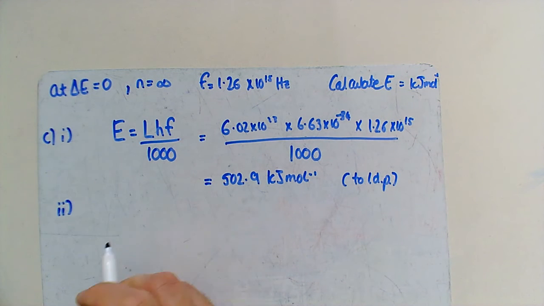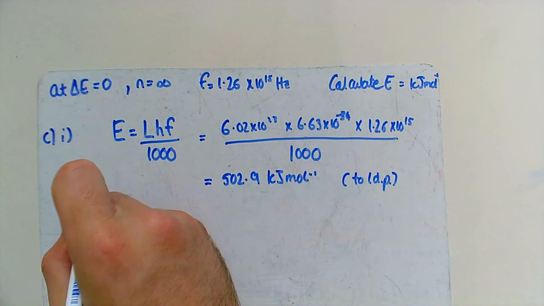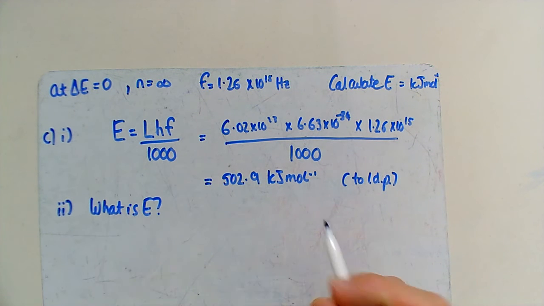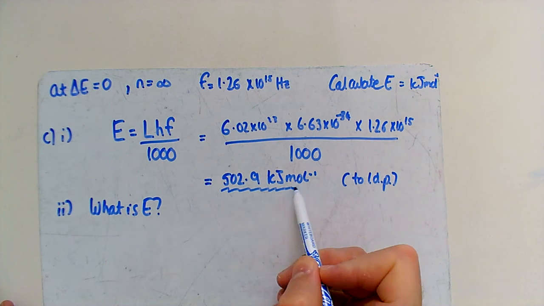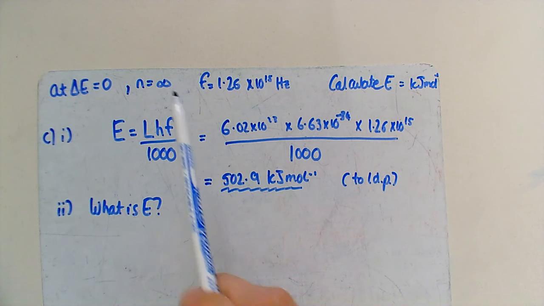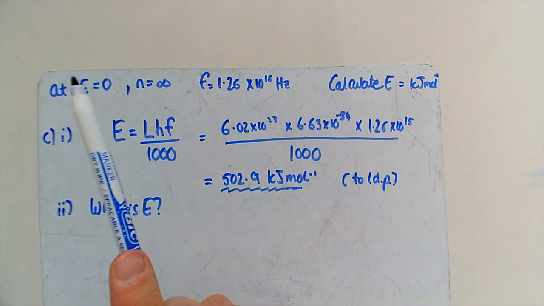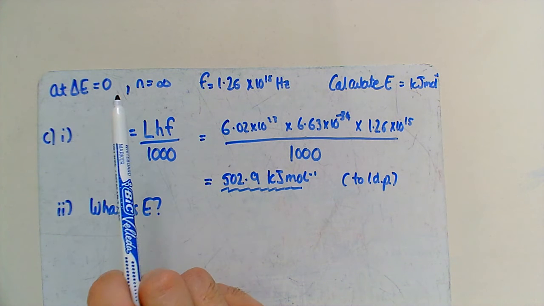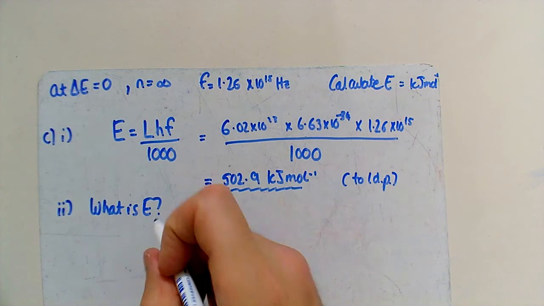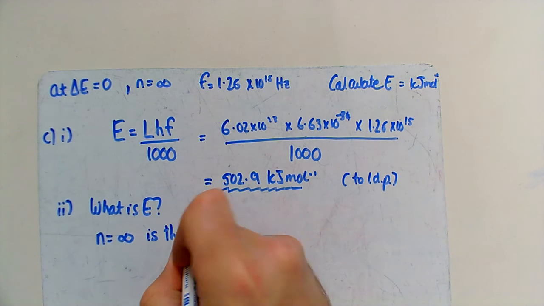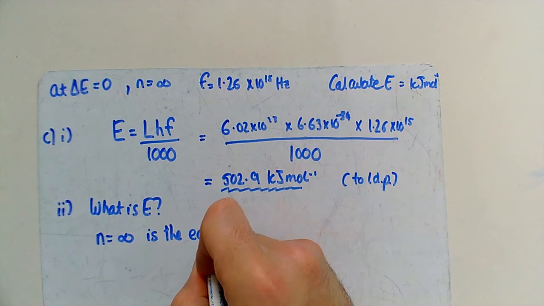Part 2 was, what does that energy represent? And it's this energy. What does that energy represent? Now that was the energy needed to get to n equals infinity. So if an electron gets promoted to n equals infinity, what's going to happen? Well, n equals infinity is the edge of the atom.